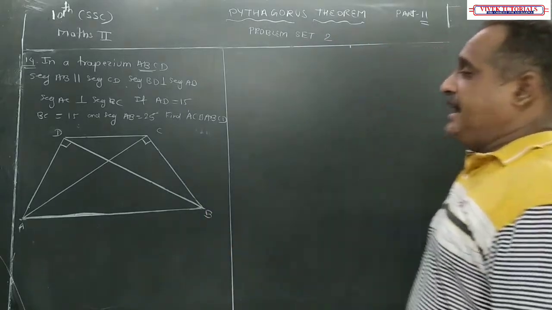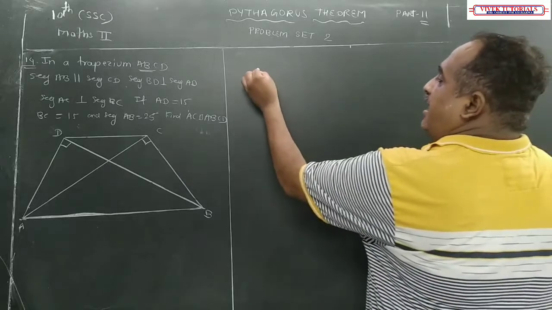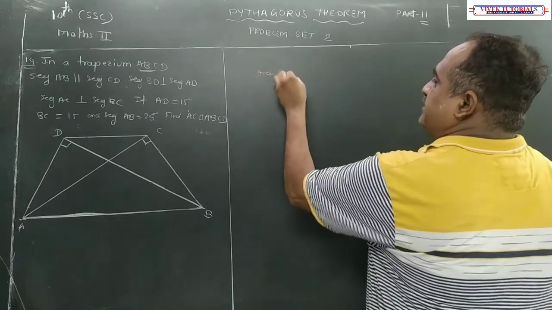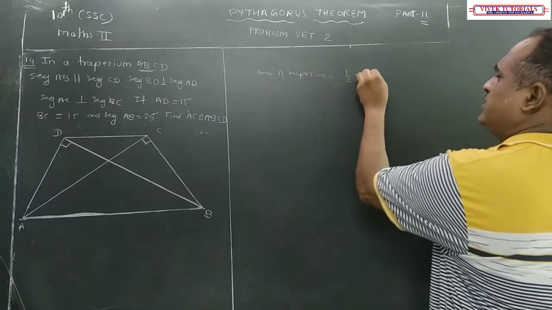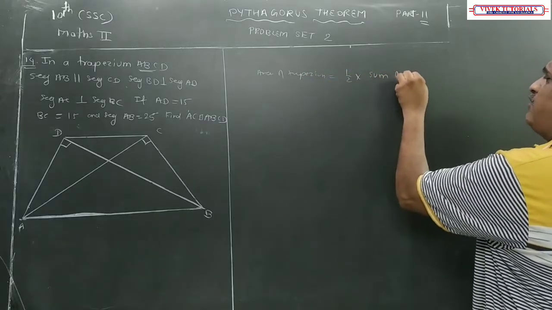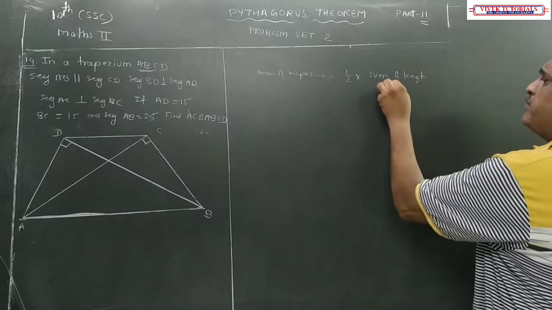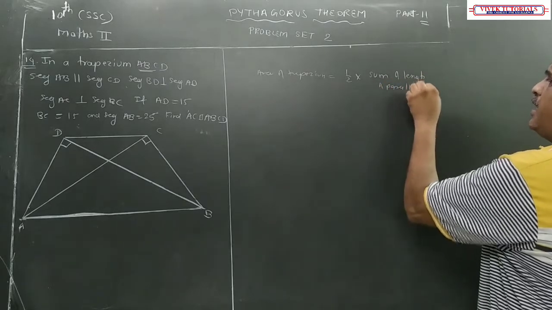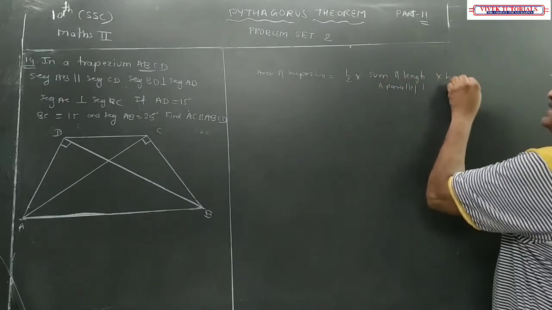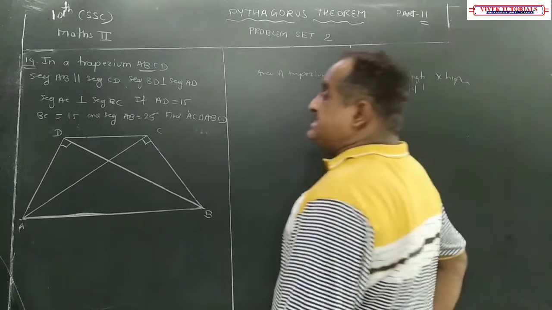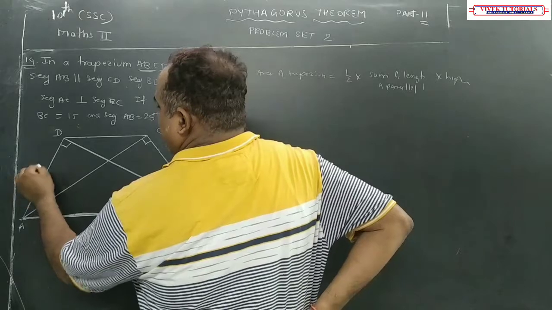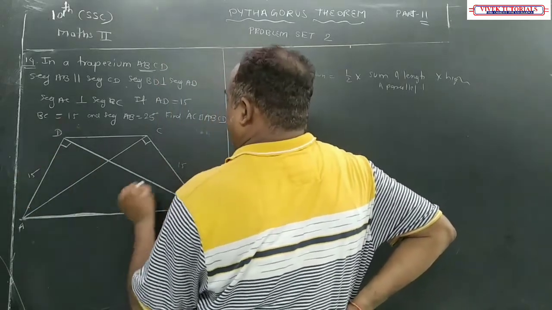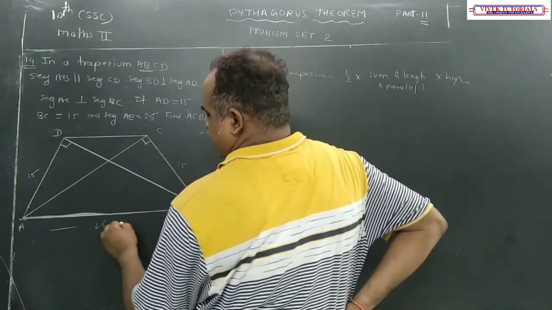And one more thing is that area of trapezium, you should know its formula: half into sum of the length of parallel sides into height. Now we'll see which sides they have given. AD is 15, BC is also 15, AB is 25.